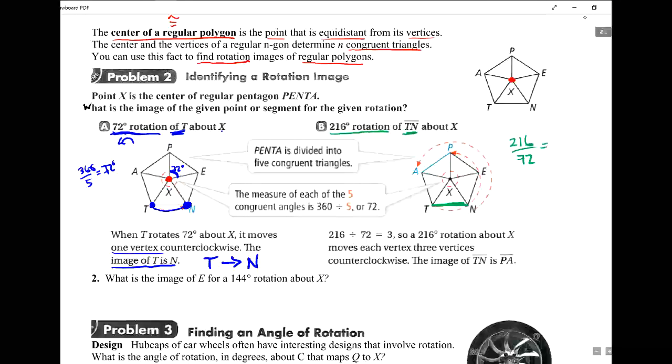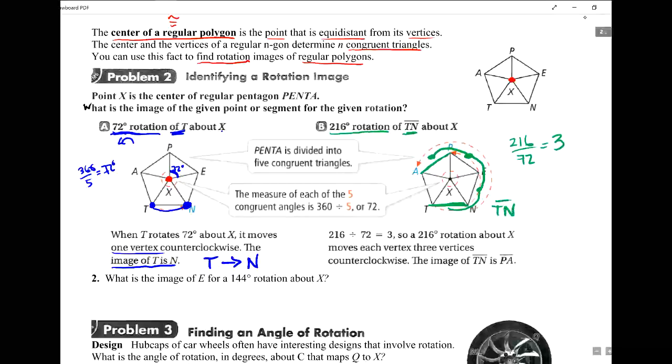As it turns out, 216 degrees divided by 72 degrees is 3. We are going to move 3 spaces. So we take our thing and we go 1, 2, 3. Right? This is like moving T 216 degrees and N 216 degrees, but I like to think of it as moving the entire thing 1, 2, 3.